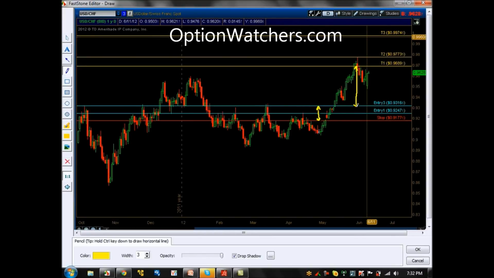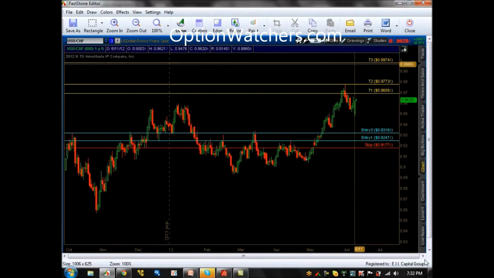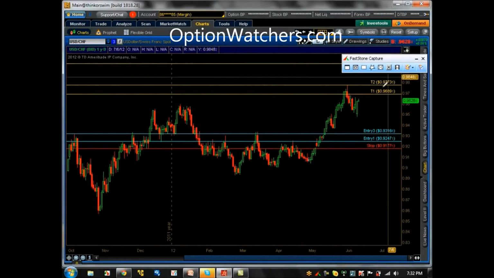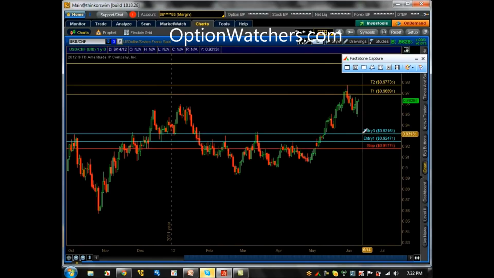You guys see that? The other thing is, someone pointed out, entry 3 is also this little pivot, isn't it? Matches up, doesn't it? That makes it even higher probability it'll bounce off there. So what's the best answer? 3. Entry 3.